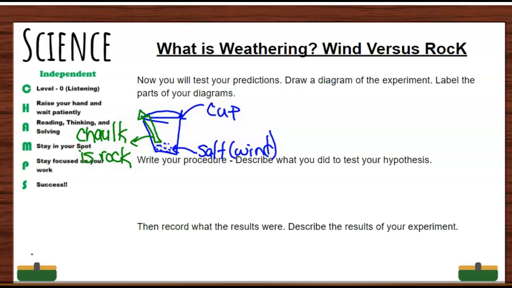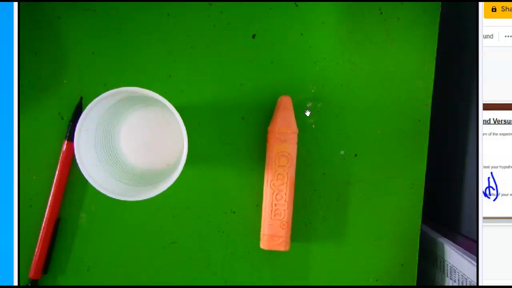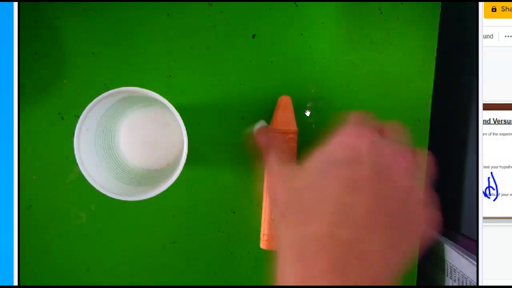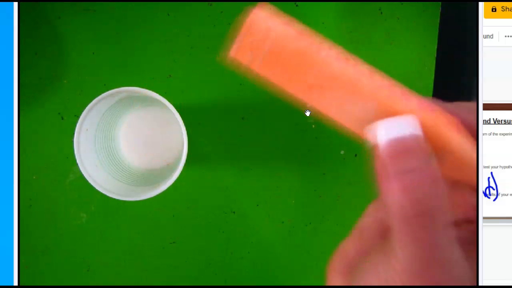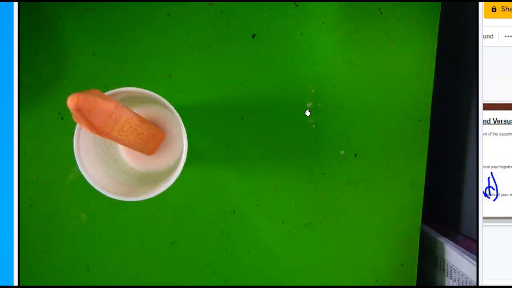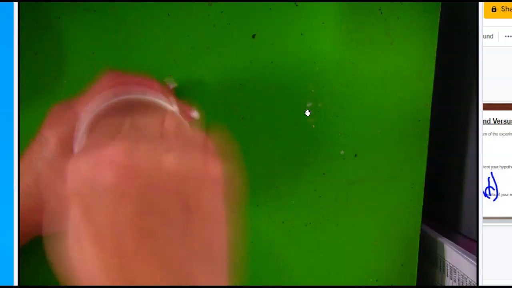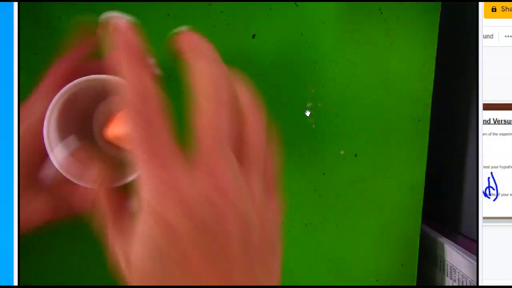So now what you are going to do is take this, and I'm using the fat end of the chalk, putting it in the salt. For 1 minute, you're going to stir vigorously, like this.